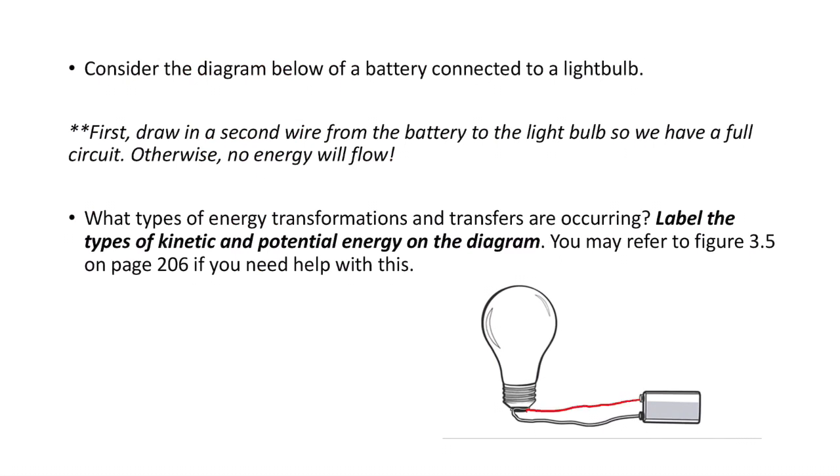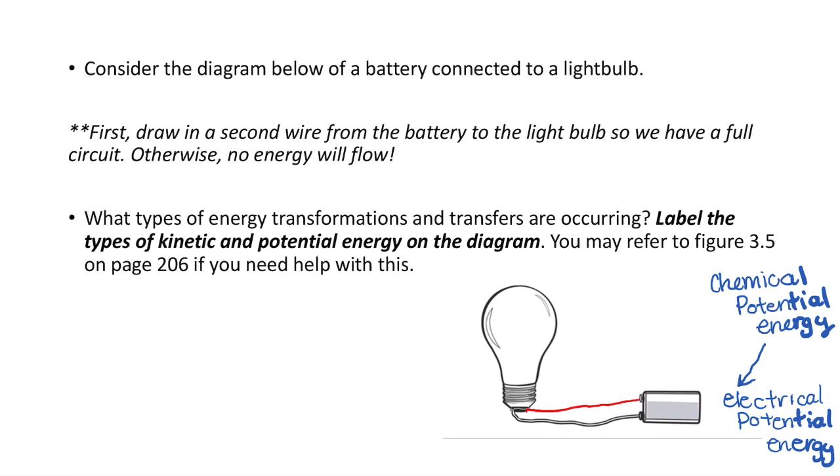So the battery itself contains chemical potential energy, which is then converted. Sorry, not as it moves through the wire, but within the battery, it's converted from chemical potential energy to electrical potential energy. And that electrical potential energy, remember, is stored.